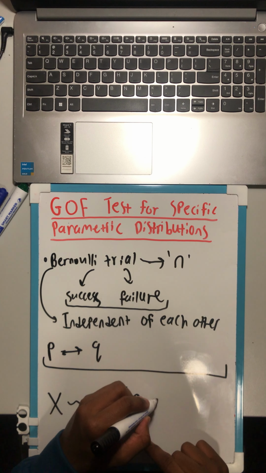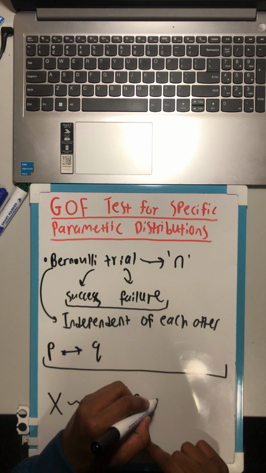Another thing: the binomial distribution is a discrete distribution. This means all the values of x are 0, 1, 2 up until n.